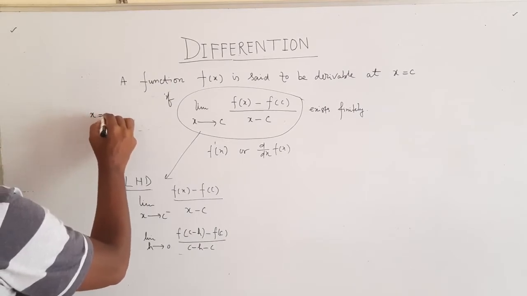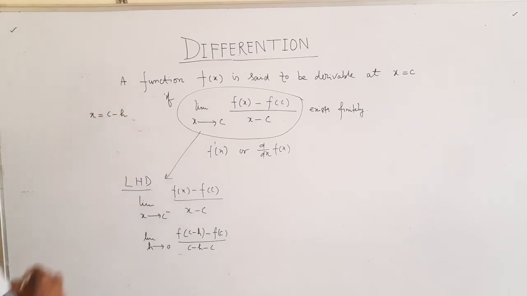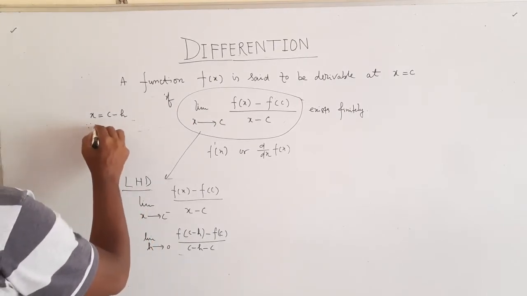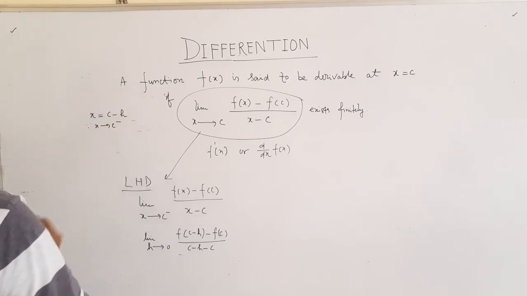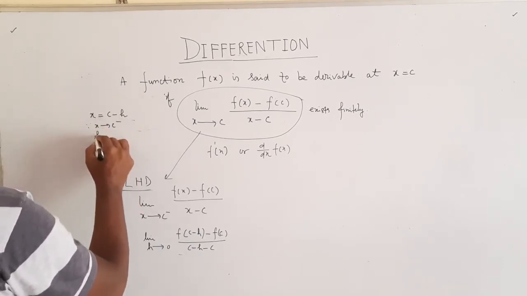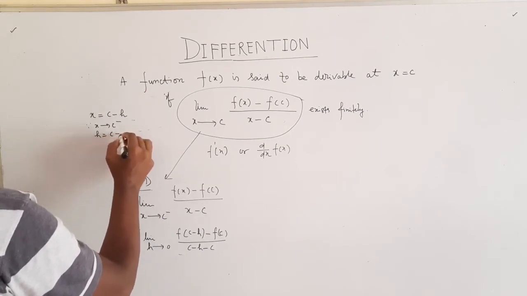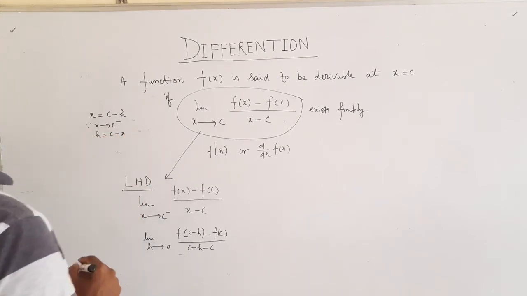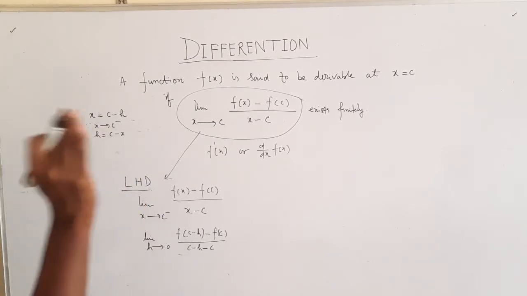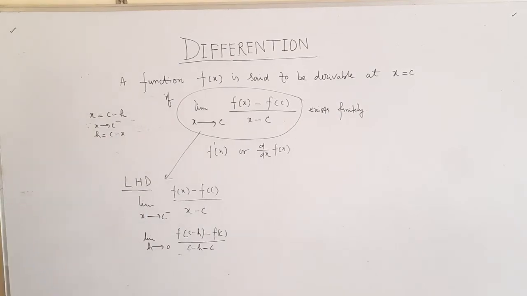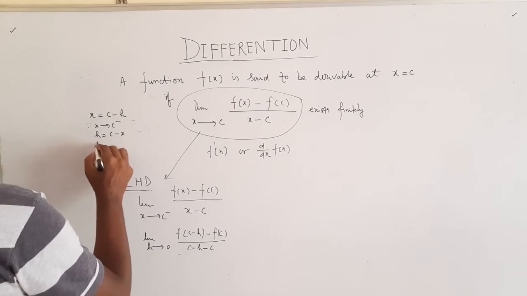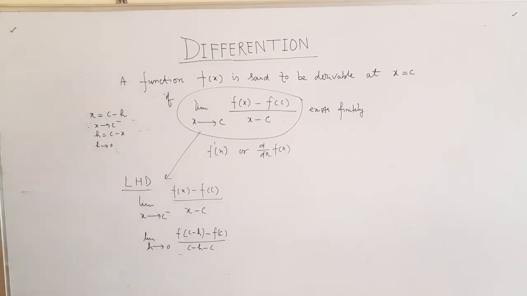So x is c minus h, and when x tends to c minus, then h will be here. If I take h on this side, I get h equal to c minus x. So if x goes to c minus, meaning very close to c but still a little lesser than c, it is almost close, therefore we write h tends to 0.